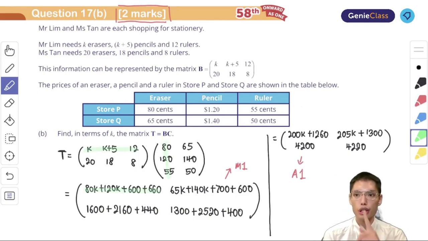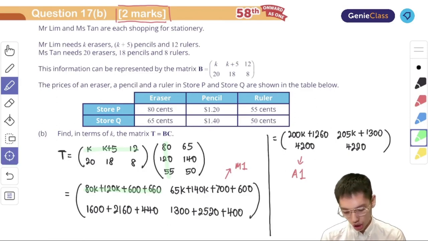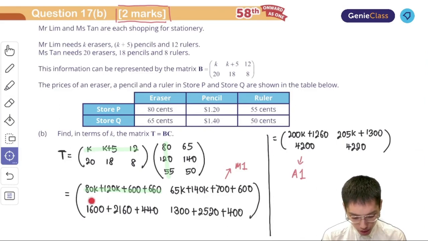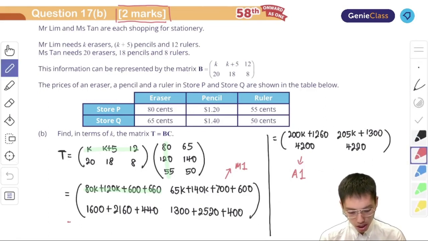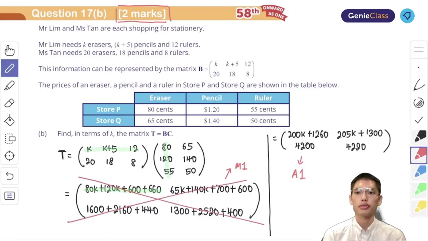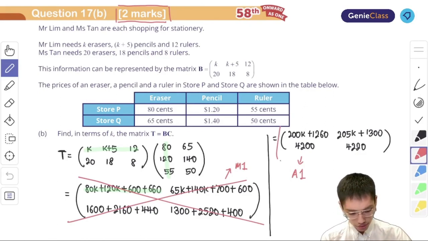This process shows 1 mark. And hence, doing them for each of the entries is where you get this matrix, to give you your answer. So take note of the mark scheme. If it's 2 marks, you need to show this and this. But if it's only 1 mark, then I don't need to show this. This is enough.